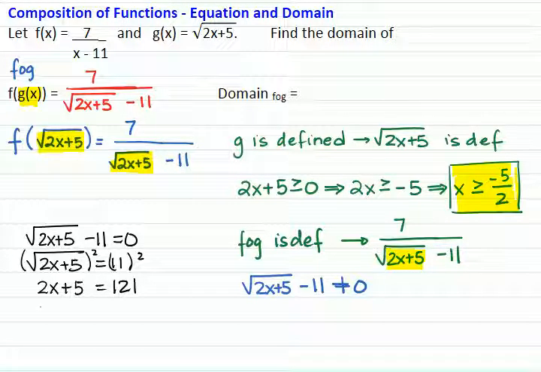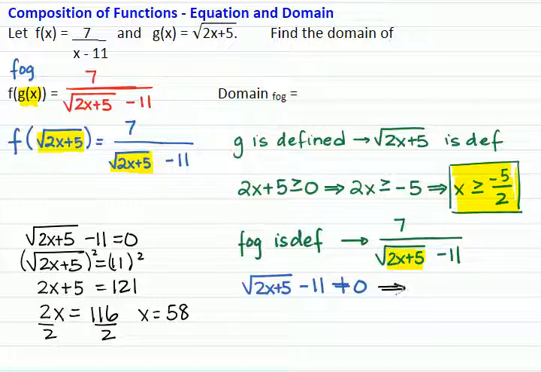I'm going to subtract 5. 2x equals 116, and I will divide by 2, and that will be x equals 58. So this is what makes the denominator 0, which basically means here that x must be not equal to 58.